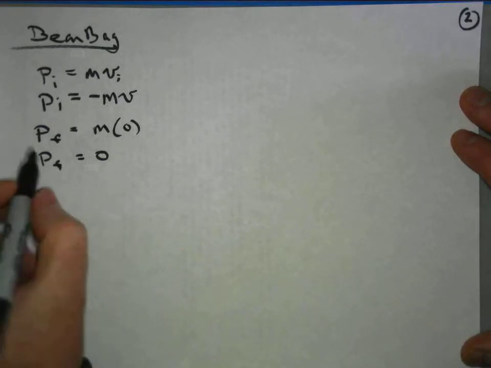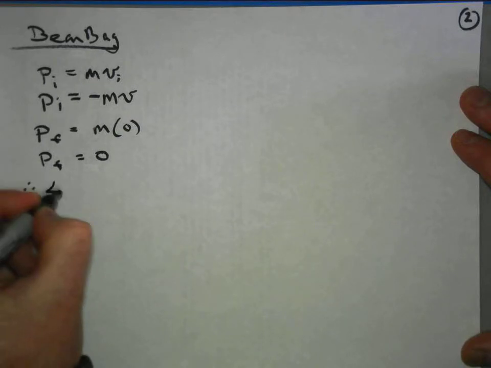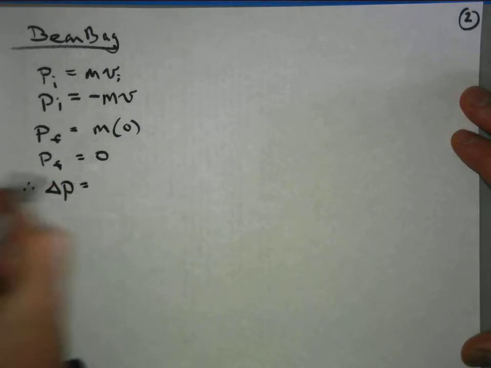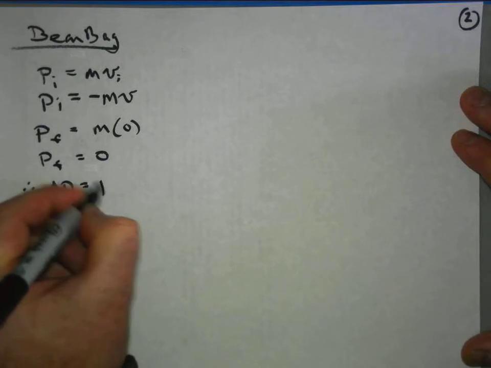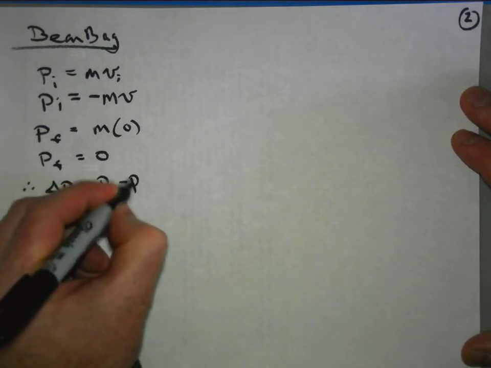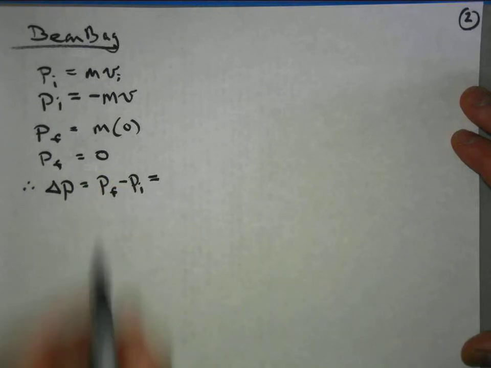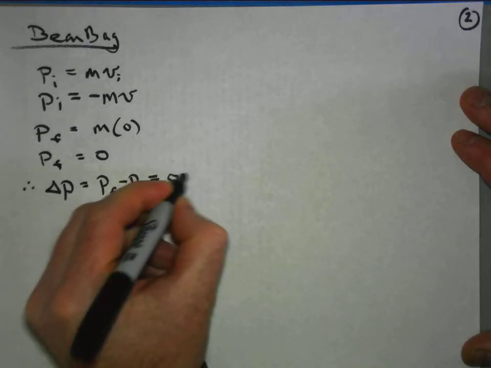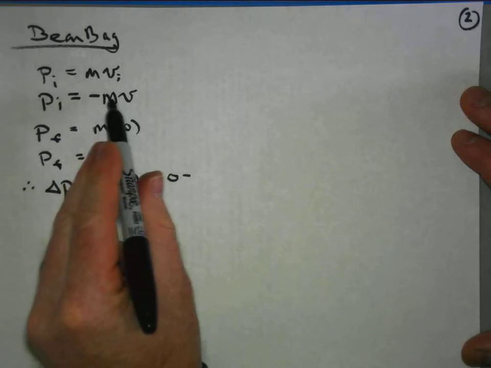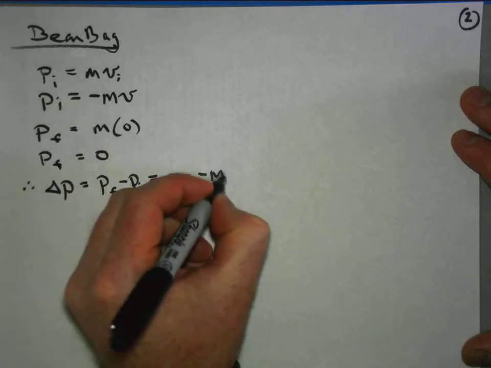So therefore, if we're going to be asked what is the change in momentum, well, the change in something is final minus initial. Final minus initial momentum. And in this case, our final is 0 minus our initial. Our initial is negative mv.